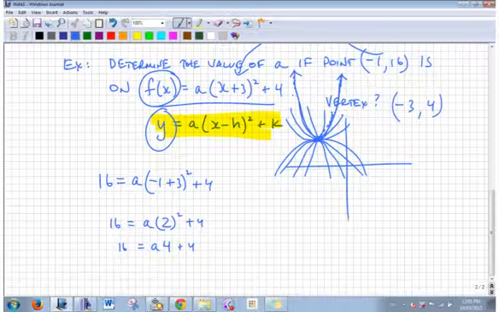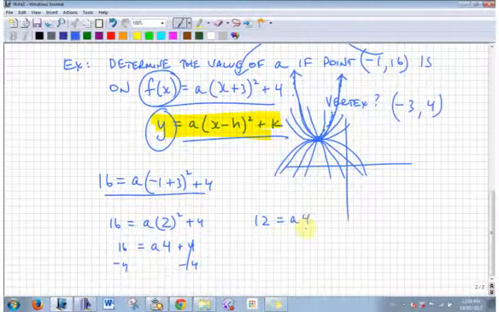This was grade 11. Now we went back to grade 10. Now we're back to grade 9, or 8, if you had a good teacher. That's a two-step equation. How do I solve it? Get rid of this plus 4. What's the opposite of plus 4? Minus. Whatever you do to one side, do to the other side. 16 minus 4, 12 is A times 4.